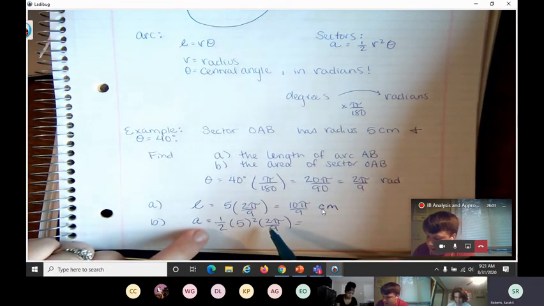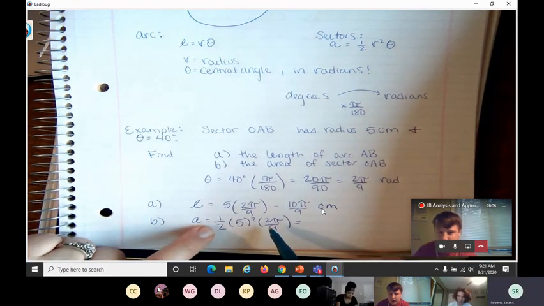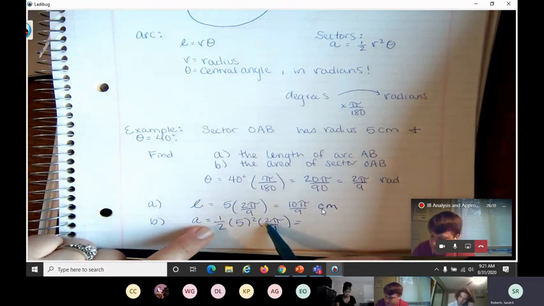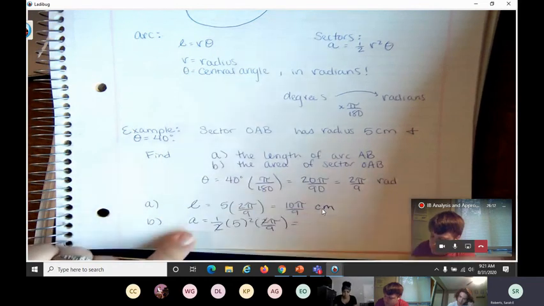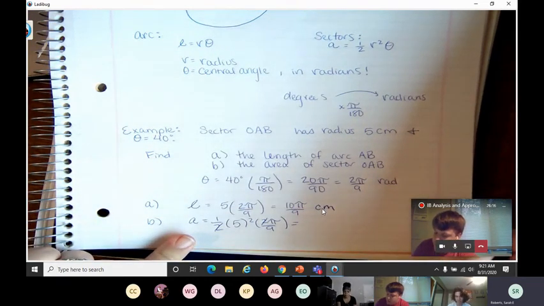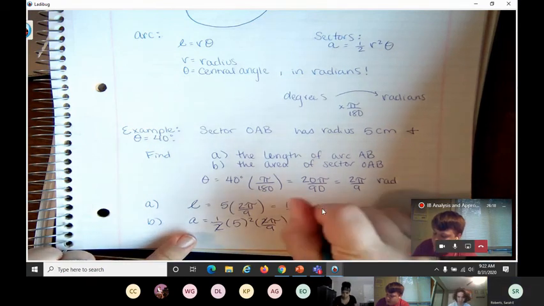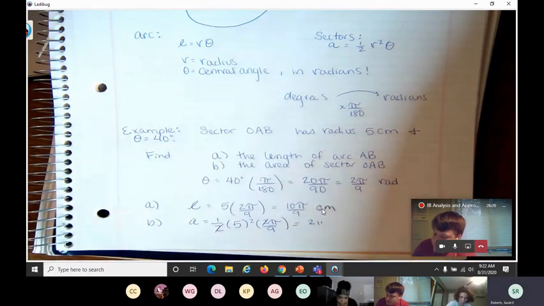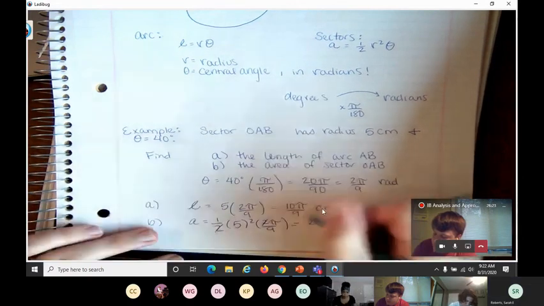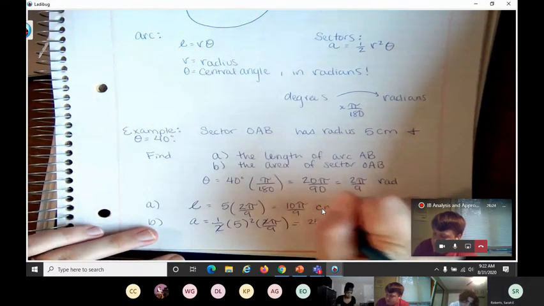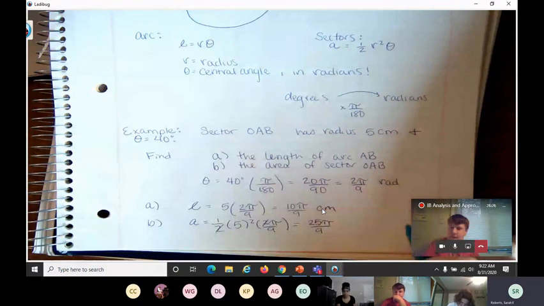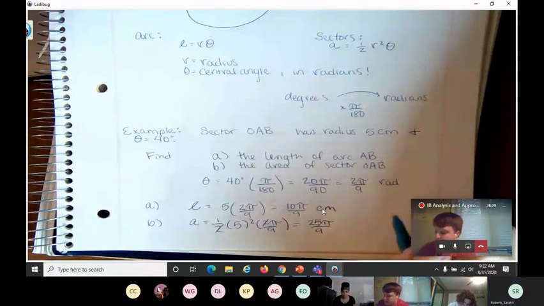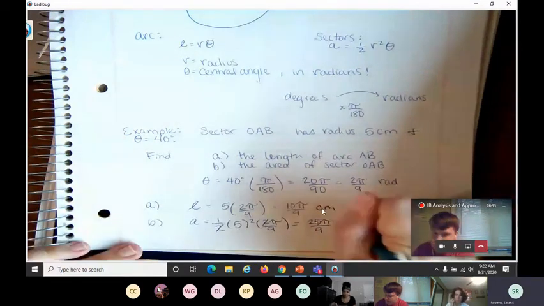Before we multiply by 1/2, notice that we have a 2 in the denominator and a 2 in the numerator. What can happen? Those cancel out. So then we don't have to do any extra multiplying. So then you just have 25 times pi over 9. So the final answer would just be 25 pi over 9. What are the units? That would be in centimeters squared. Very good, because it's area.